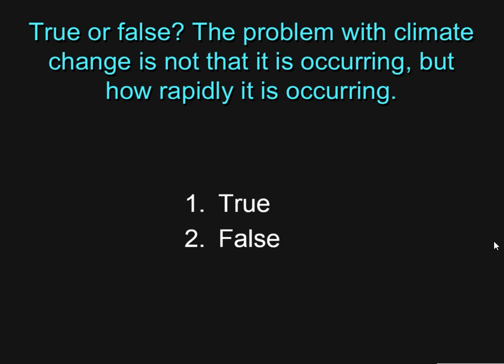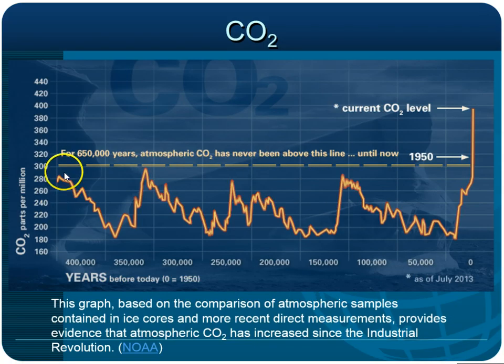But first, true or false, the problem with climate change is not that it's occurring, but how rapidly it's occurring. Well, when you start looking at all these other climate changes, this is true, by the way, you start to see that these levels have fluctuated, right? So we've gone from about 200 to almost up to 300. But look at this.